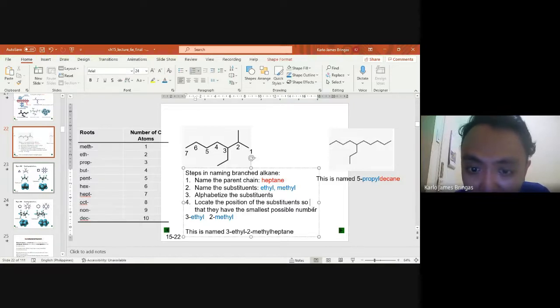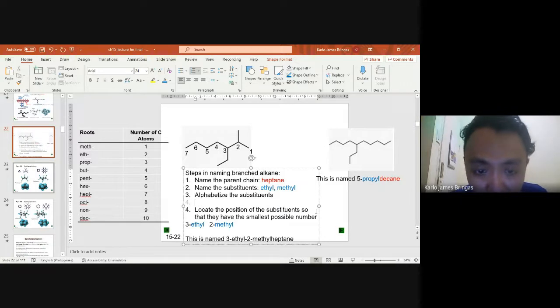Now, there are some substituents wherein we have the following. A particular substituent may appear more than once.